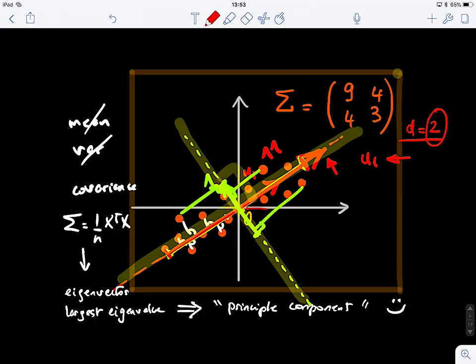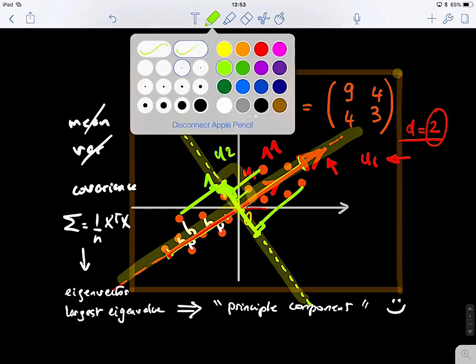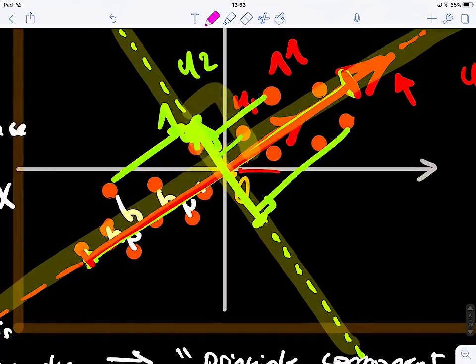Now if I select the red axis U1 and also U2, and I project the data onto these, I can have new coordinates, right? The coordinates of this point right here will be these 2 points in the new coordinate system.